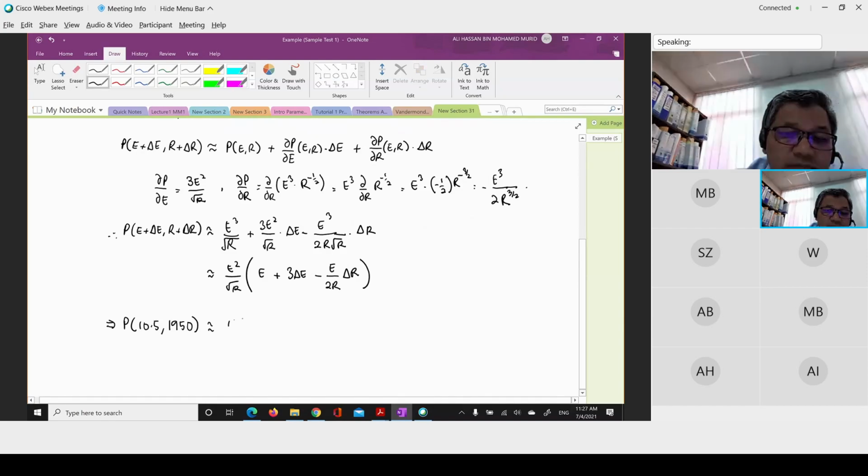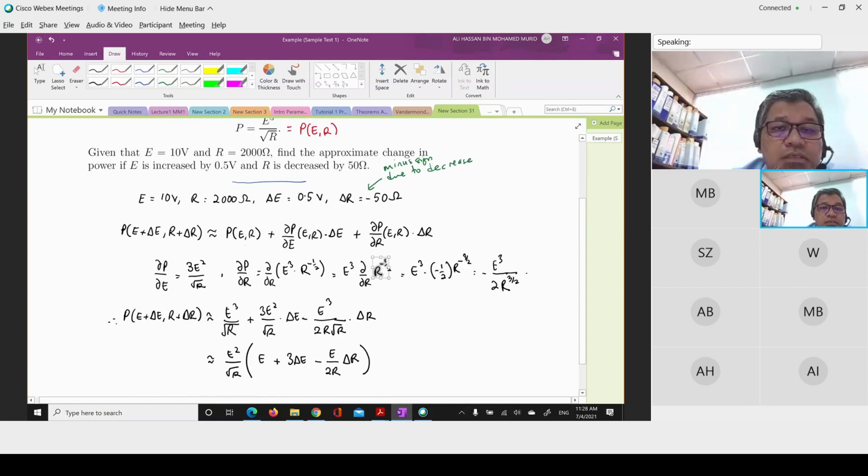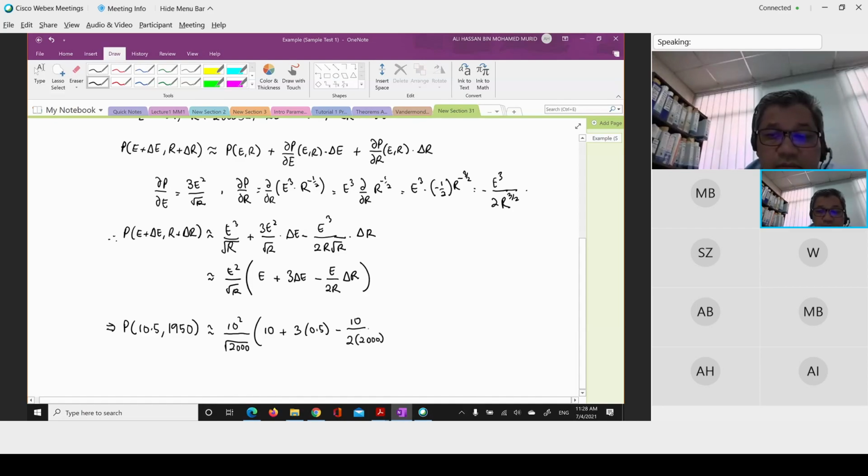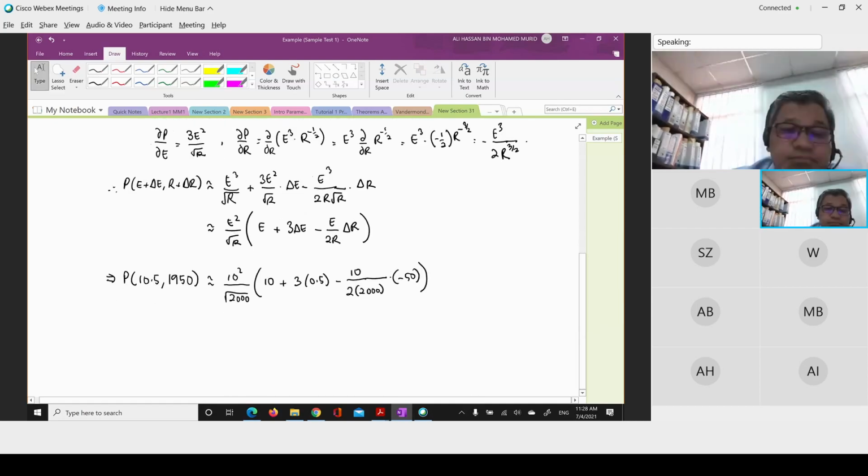E is 10, R is 2000, E is equal to 10, delta E is 0.5, E is 10, 2R where R is 2000, and delta R is minus 50. So simplify this.